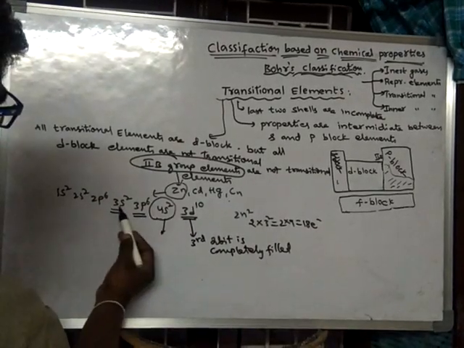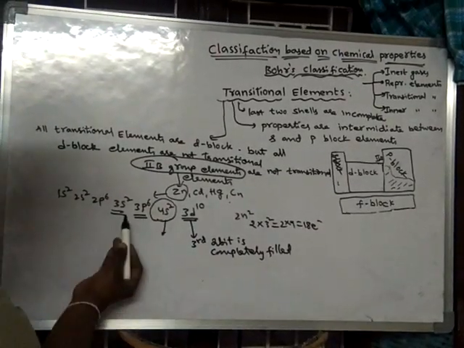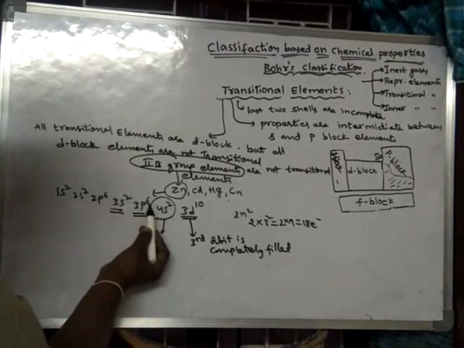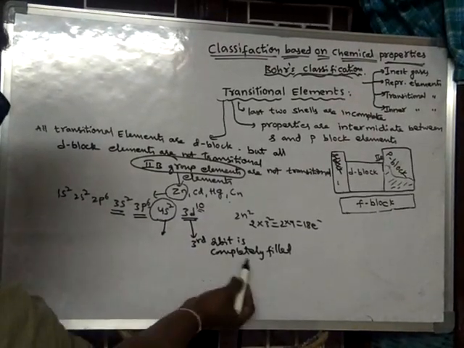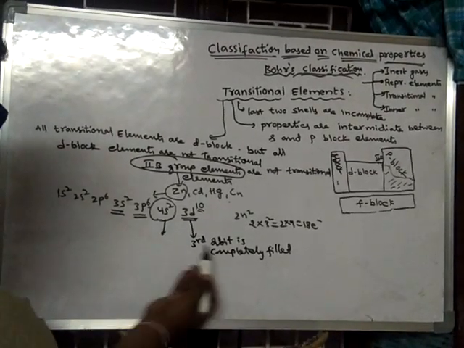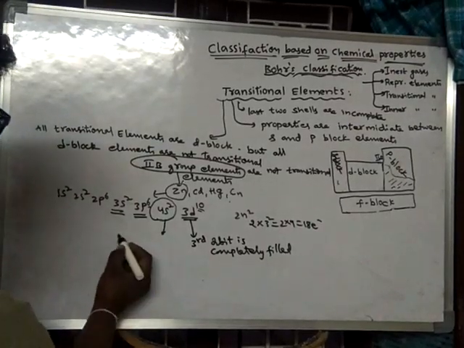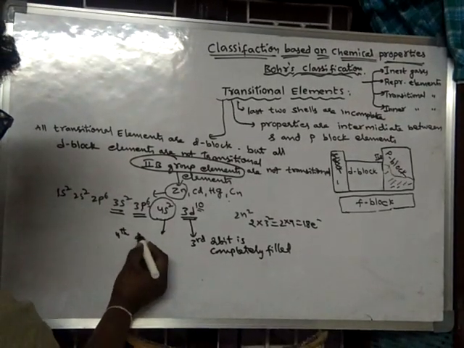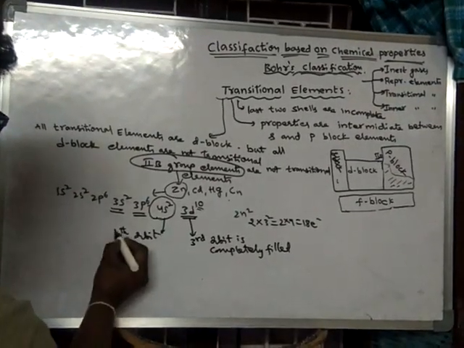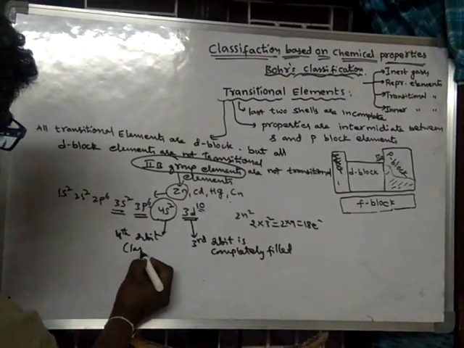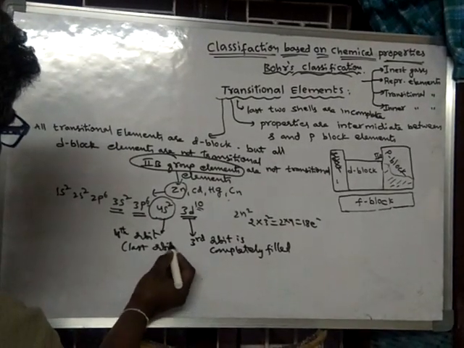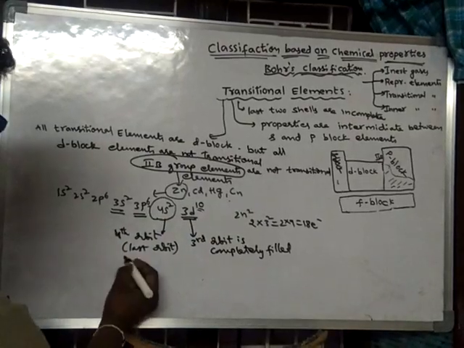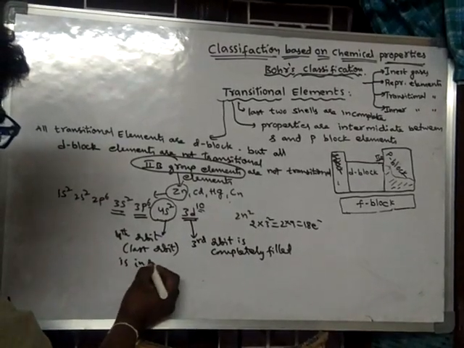In zinc the third orbit has 18 electrons: here 2, here 6, and here 10, altogether 18. That means the third orbit is completely filled. But the fourth orbit, the last orbit in zinc, is incomplete.